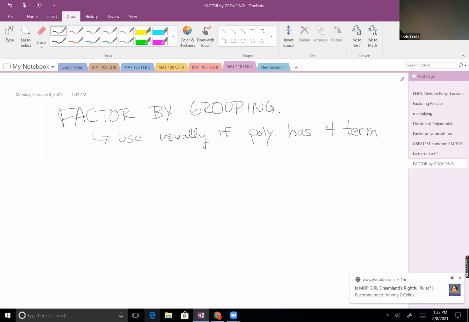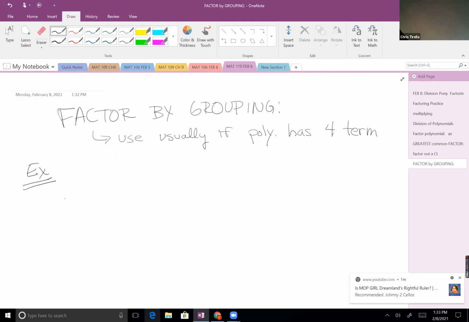There are some 4-term polynomials that will not factor by grouping. And we'll look at those later to factor in another way. But usually, if I'm going to use factoring by grouping, I'm applying it if I have 4 terms. So let's look at an example.